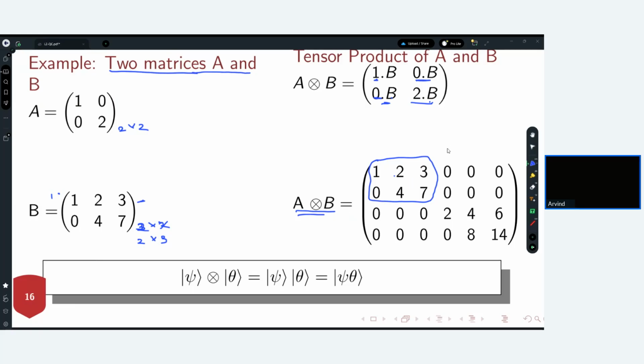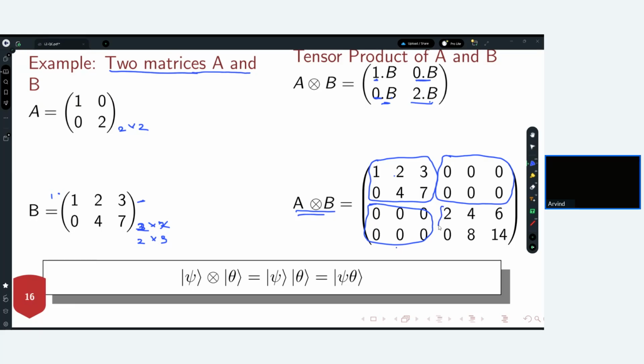Now focus on this subgroup of the matrix, where we are multiplying the second matrix with 0. If we multiply 0 with the second matrix, we get all elements 0. So focus on this subgroup.